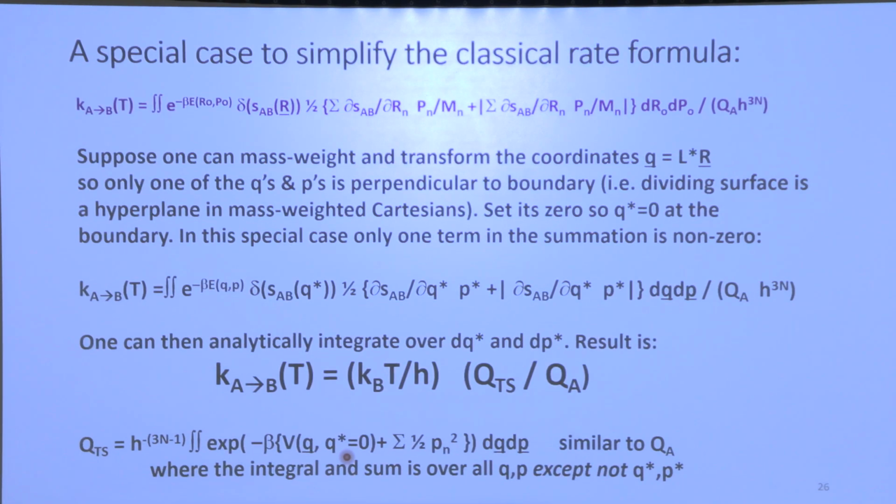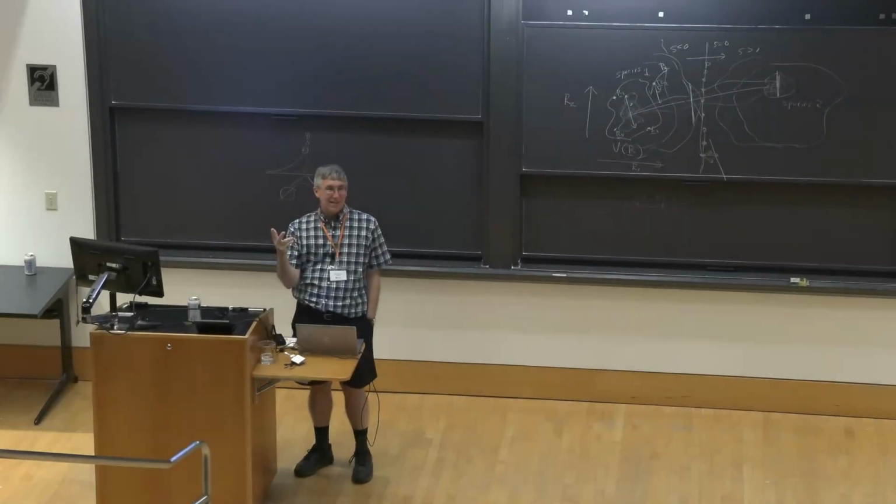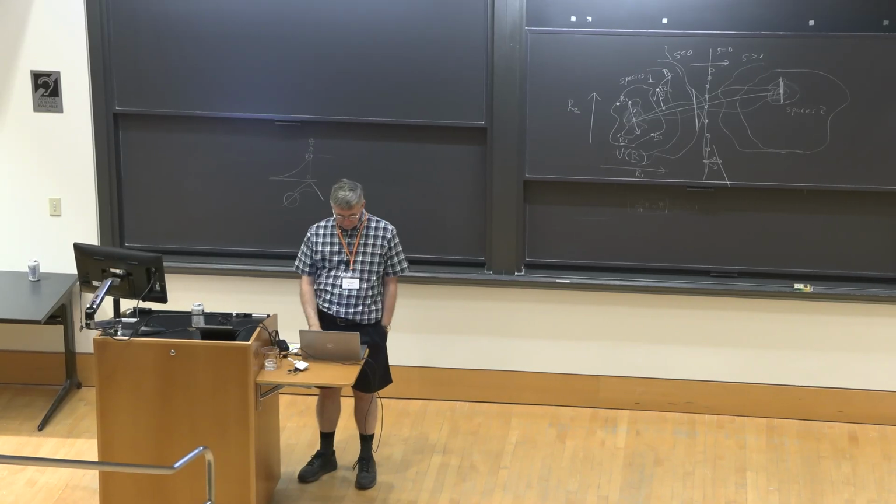But this equation is not true in quantum mechanics. First of all, things are quantized, so it's not a continuous integral, but actually you have to do a sum instead. And then secondly, there's tunneling, and so there's another whole complexity of that.